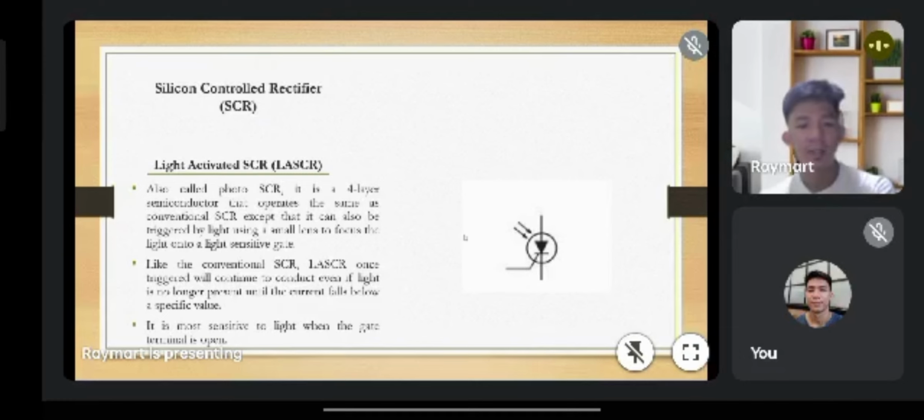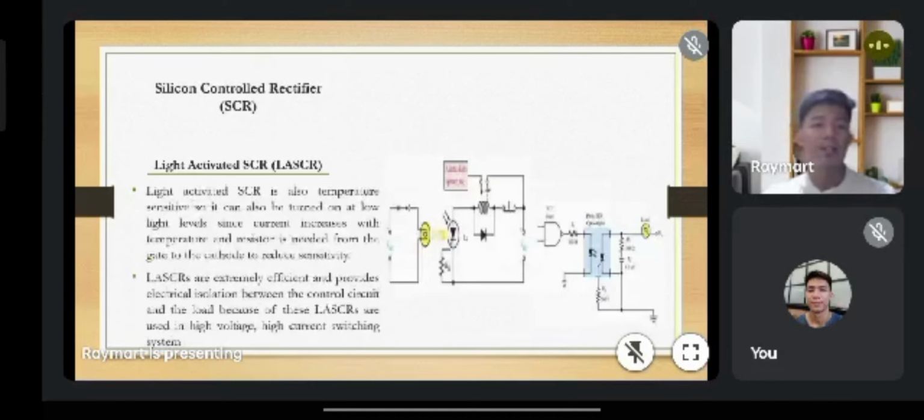It is most sensitive to light when the gate terminal is open. The light-activated SCR is also temperature sensitive, so it can also be turned on at a low light level since current increases with temperature, and a resistor is needed from the gate to the cathode to reduce its sensitivity.